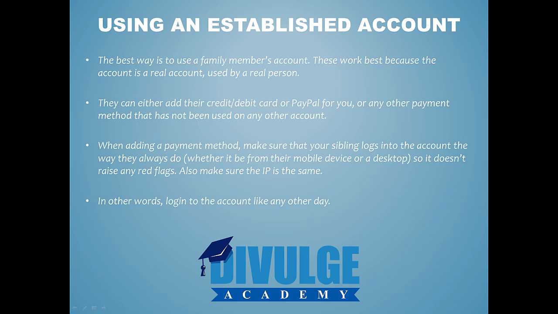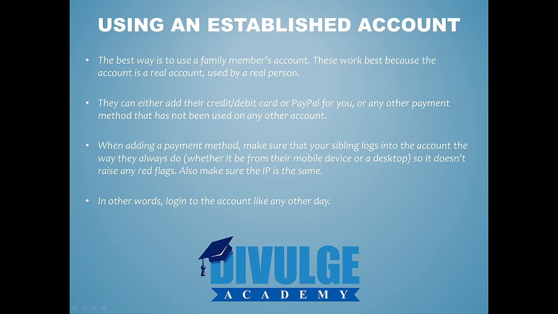So for example, if you were using your own credit card on your account that just got banned for policy violations, then you can't use that credit card on any more Facebook ad accounts ever. Period. When adding the payment method to your sibling's account, you have to make sure that your sibling logs into the account the way they always do, whether it be from their mobile device or a desktop, so it doesn't raise any red flags.